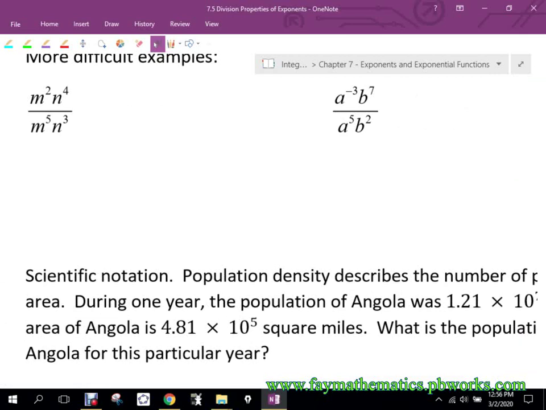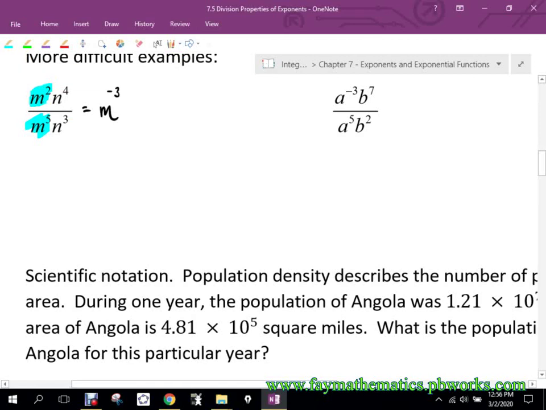Okay, so we're just going to go through and say, okay, I got M squared up top, right? I'm going to go through and see if there are any other M's. And there are. There's an M on the bottom, right? Okay, so what do I do with those M's? Subtract them. So what's that going to give me? M to the -3rd. Okay. Now I've got n's as well.